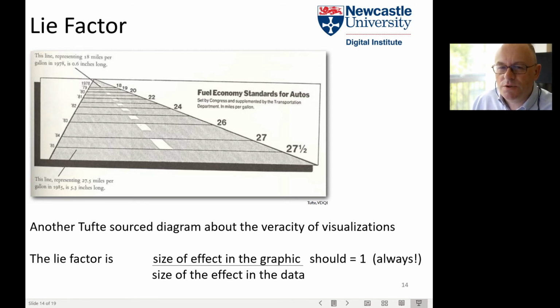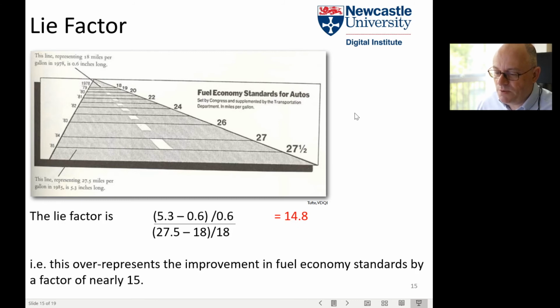So there should always be a 1-to-1 ratio between the size of data and its graphical representation. This particular visualization here doesn't do that at all, and in fact when you work out the lie factor, it's about 15 times, because of the forced perspective in this road, and it makes it look like there's been a huge change in fuel economy standards when there wasn't.